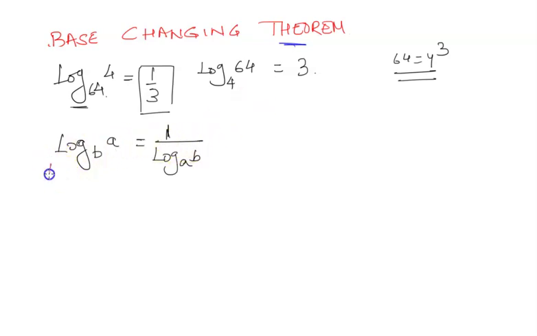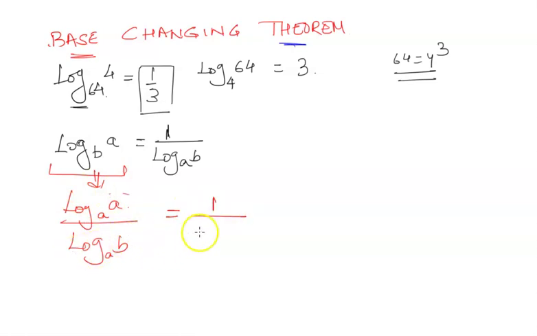So let's solve this. Let's take our left hand side and use the base changing theorem, and we say this is equivalent to log a over log b, and we are free to choose the base. So this is the base changing theorem, so we are free to choose what the base is. So I choose my base as a. So this log a to the base a is basically 1, and the base a.